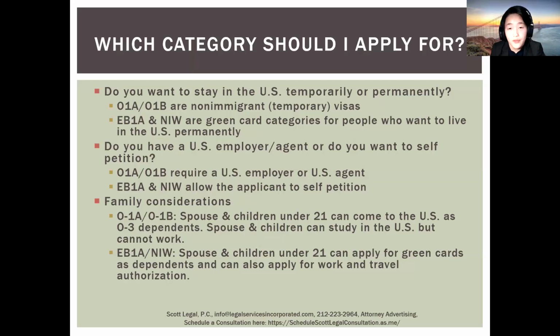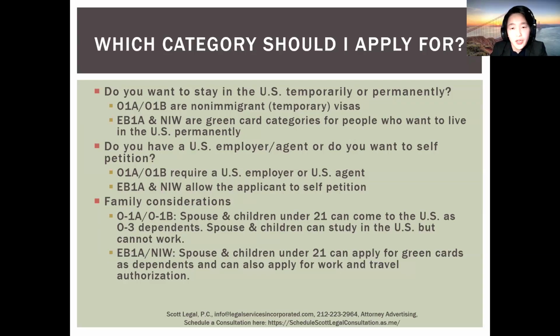Note, though, that there is no lifetime limit on how long you can stay on the O-1. As long as you continue to have demand for your work in your field in the United States, you can continue to extend your O-1 visa for as long as you wish. There is no 6-year or 7-year limit, as opposed to other categories.